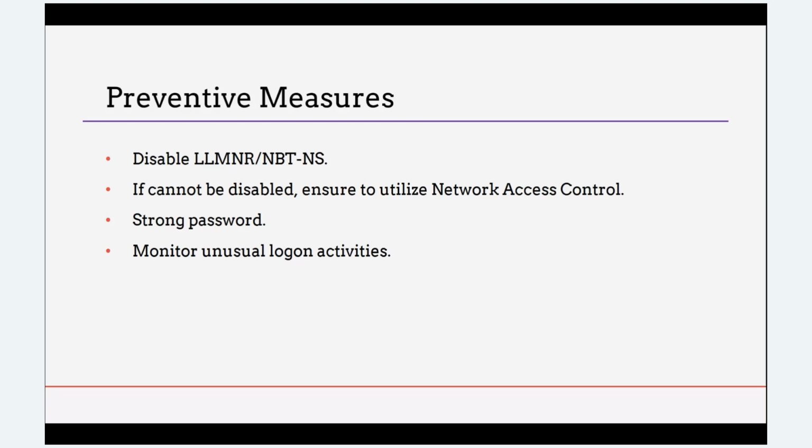Likewise, there are multiple other things you can use, like an HA setup for the DNS server, primary and secondary. It is always recommended to disable it so that you won't be a part of this poisoning attack in your environment. But let's say your organization or your managers need that functionality for some reason.